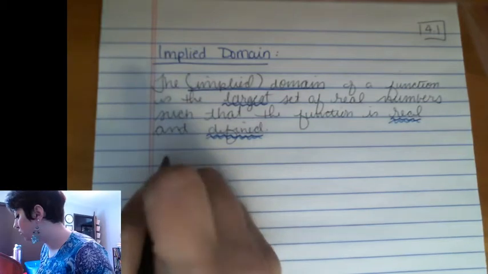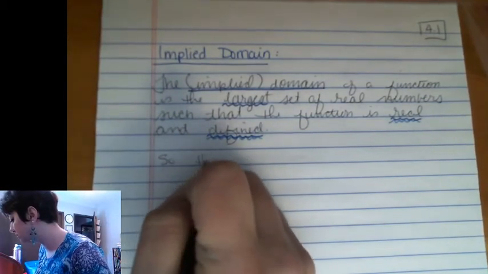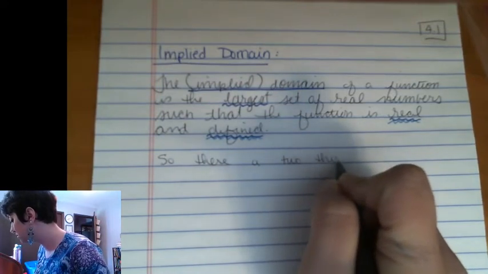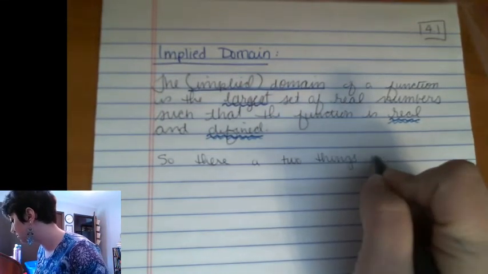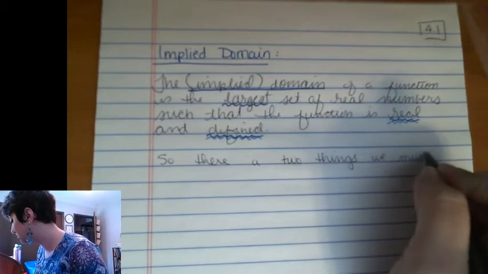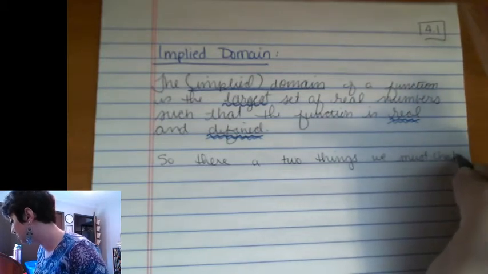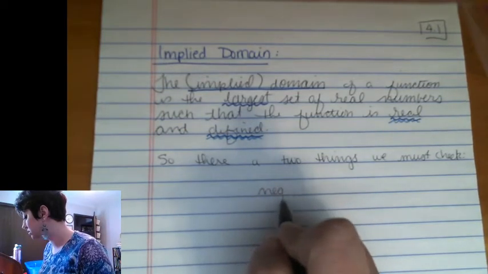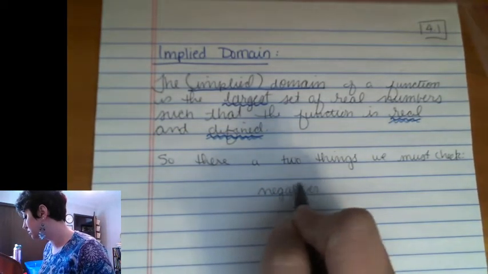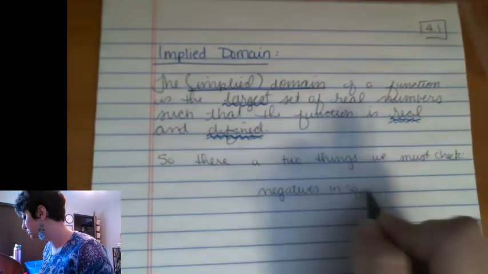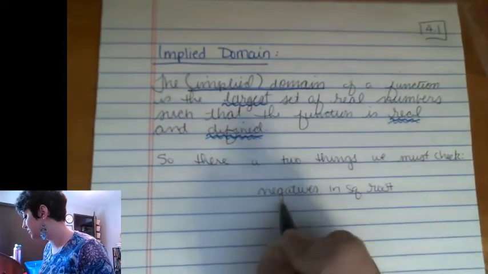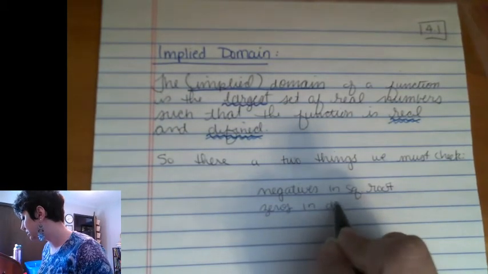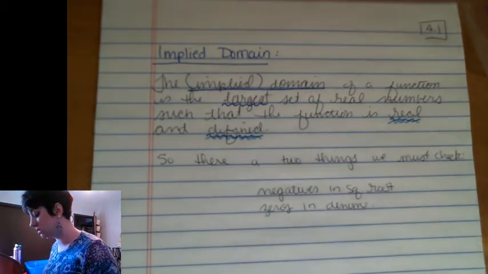So there are only two things. The first one is negatives in a square root, and the second is zeros in a denominator.